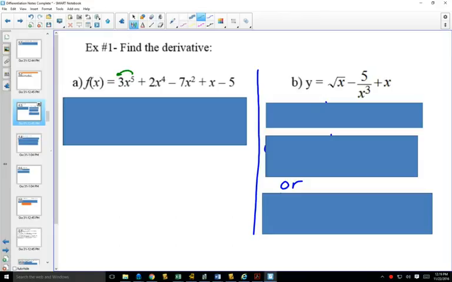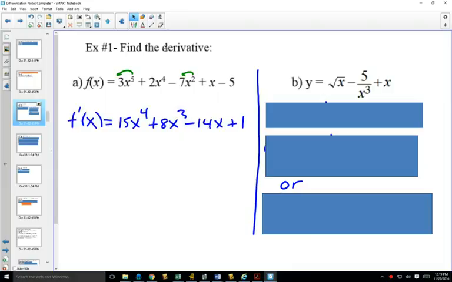That follows through with each of these. So the 2 would come out in front, hit the -7, and you get -14. What's the derivative of just x? 1. And then the last one will be a -5, which is a 0. So we do the derivative of each one separately, and we get our final answer.